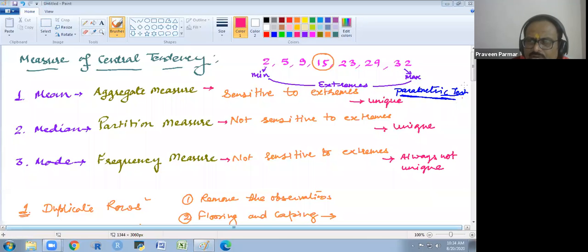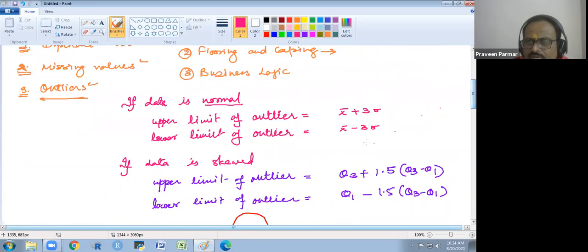It is a constant we have taken. Here also the 3 sigma, here we take 1.5. So it is the constant value we always use for outliers. We don't go deep into this, because it involves a statistical algorithm and calculation. We have to go through differentiation and integral calculus to find this value, so I will not explain that here.